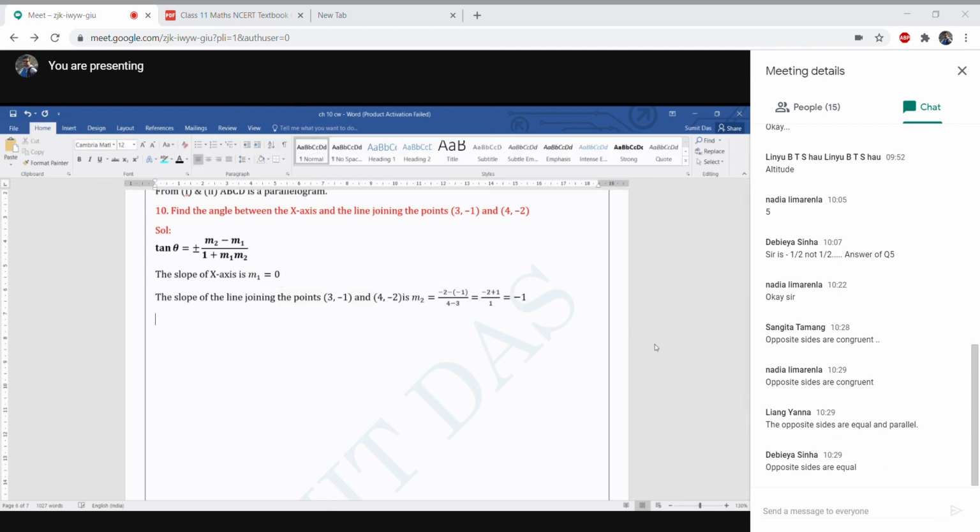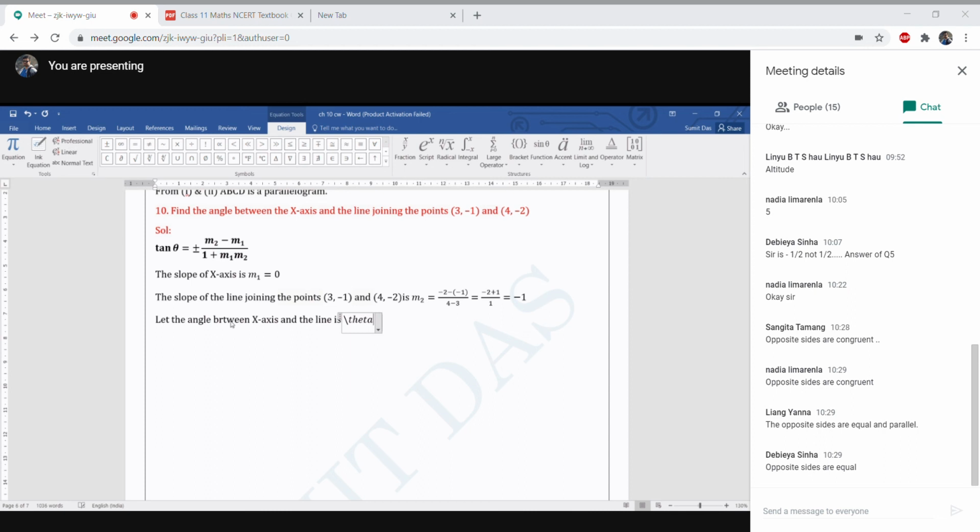So the slope of x-axis is m1, which is 0, and we have the slope of the line joining these points. Let the angle between x-axis and the line be theta.